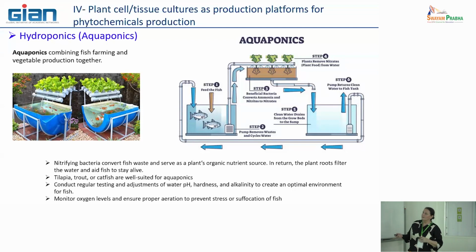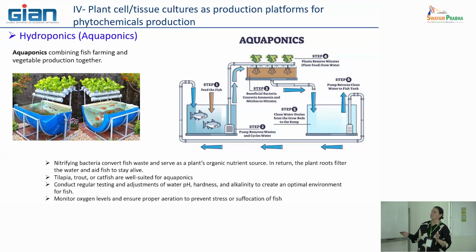And then the solution in which fish are growing or multiplying is used by a pump to feed the plants cultured as hydroponics systems. And after, it's like a cycle too.